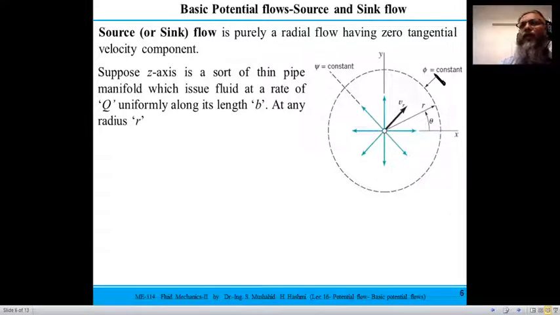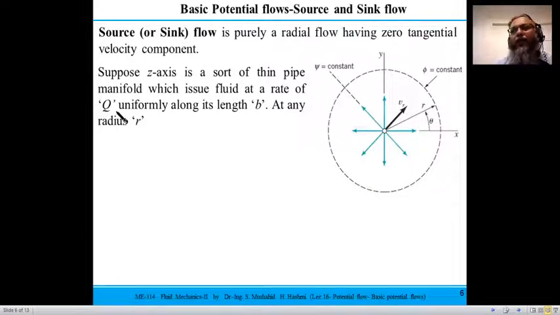There is no other direction for the flow. Obviously this is a hypothetical situation. So fluid comes from the source at the origin, where x is 0, y is 0, or r is 0, and comes out in the radial direction, with no flow in the tangential direction.